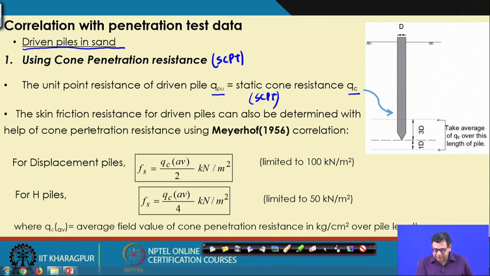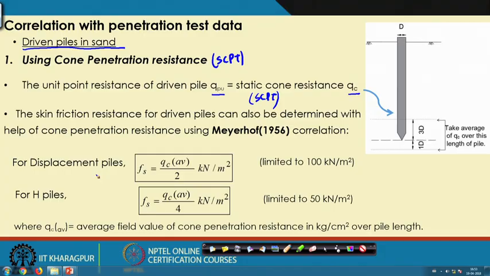Now, for the skin friction we can also use the cone penetration resistance data and the Meyerhof correlation. Displacement piles are nothing but driven piles, because when the pile is driven, the soil is displaced.